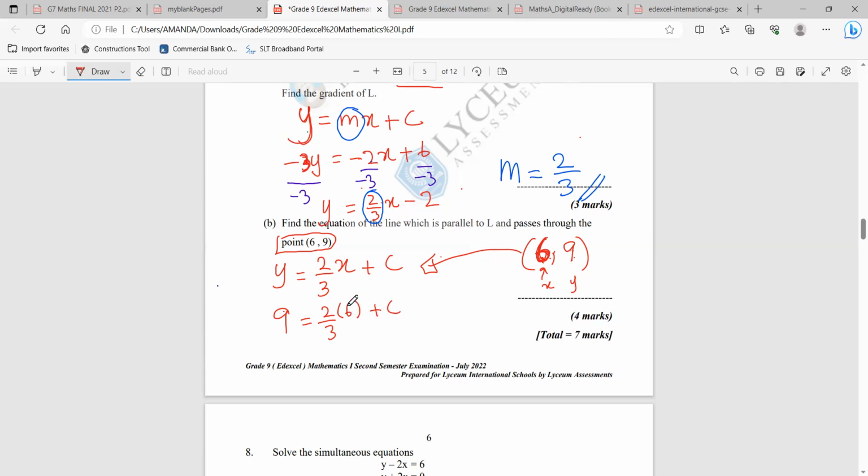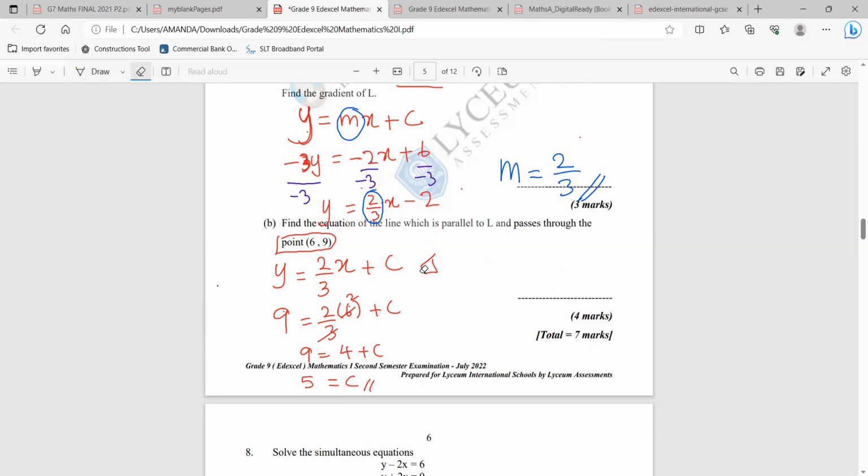Now I can simplify 6 divided by 3, which is 2. Now I have 9 equals 4 plus c. That means when I take 4 to this side, c is 5. C is 5.